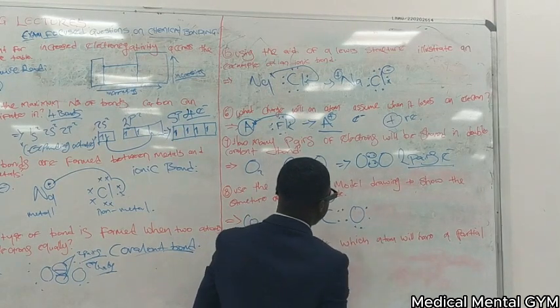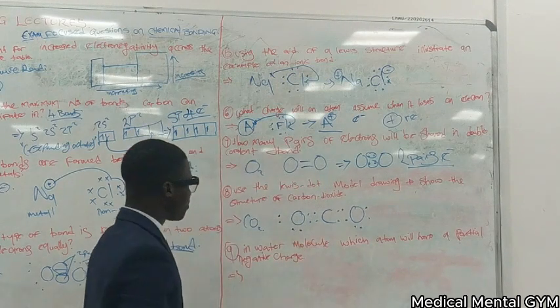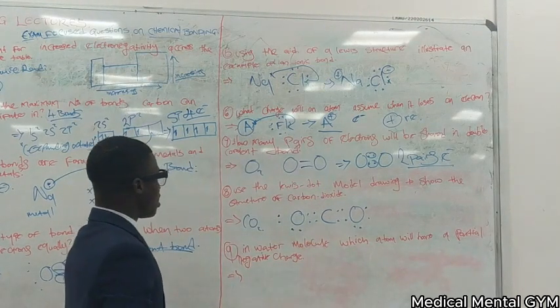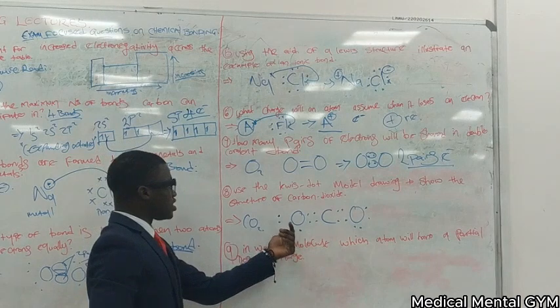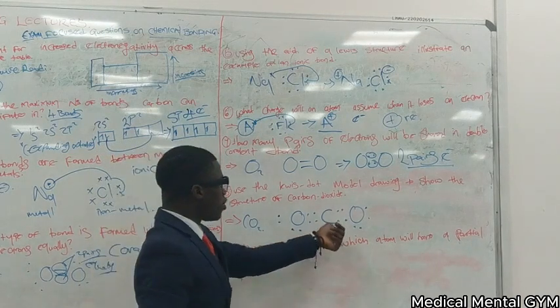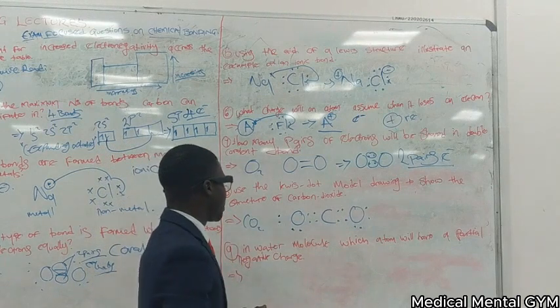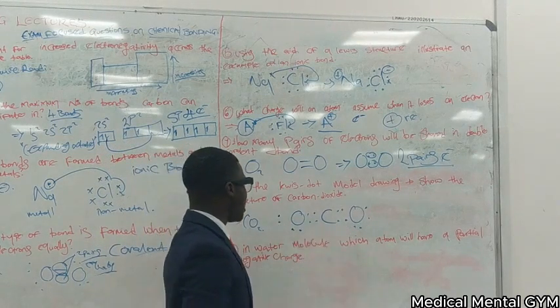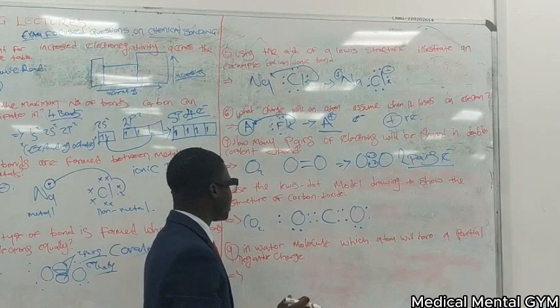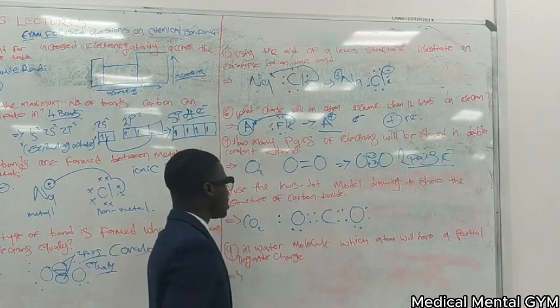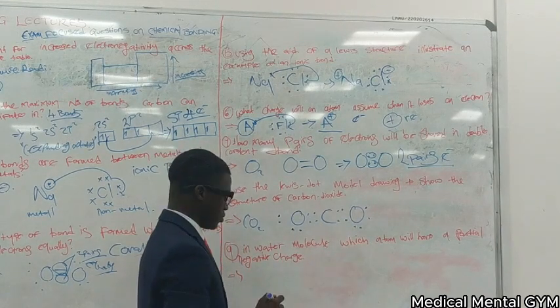So oxygen can appear in this manner. Oxygen reacts with carbon to form carbon dioxide. Alright? So carbon dioxide in Lewis structure appears in this manner, each dot representing an electron.